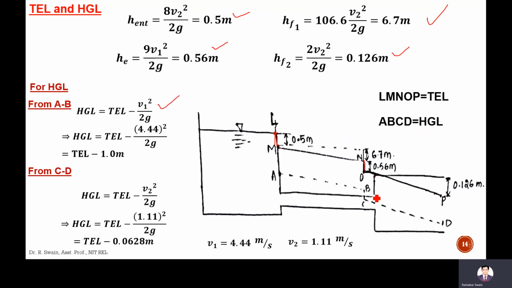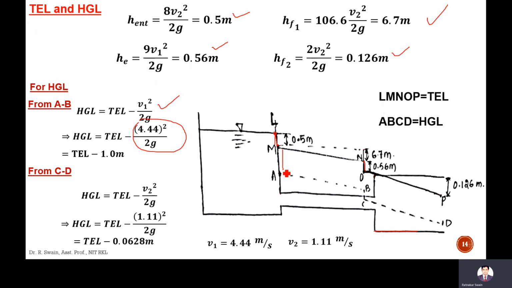For pipe 1 it will be V1 square by 2g, and for pipe 2 it will be V2 square by 2g. So whatever the TEL value, from that V1 square by 2g should be deducted, and V1 is 4.4 whole square by 2g, which is 1 meter. So it is TEL minus 1 meter.